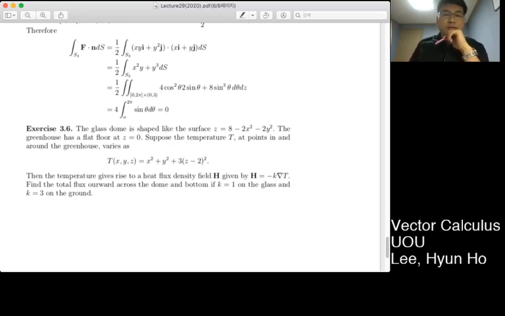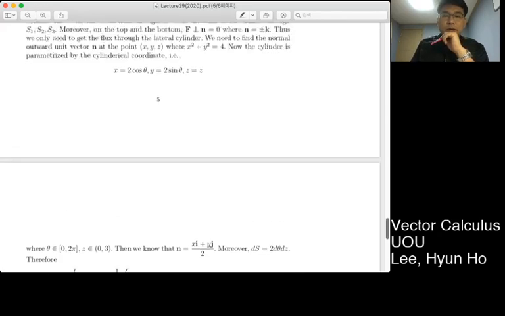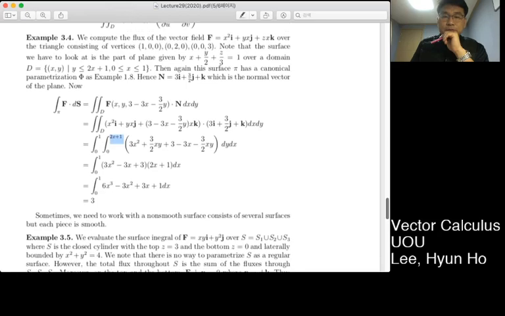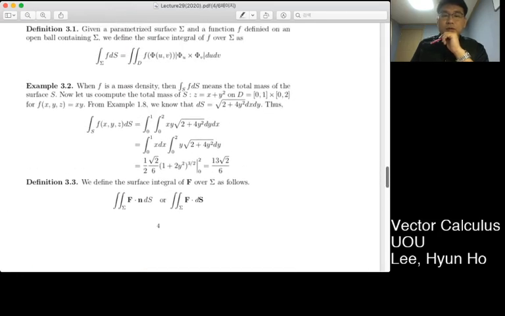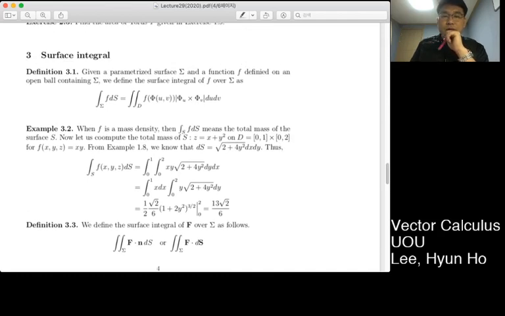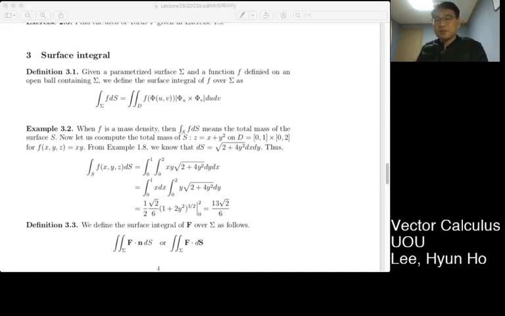So this is the example which I wanted to show, and I know that the calculation is quite a complicated procedure, and you're not familiar with this surface integral case. But as I emphasized, what we do first is to find the parameterization, and then to find the normal vector.